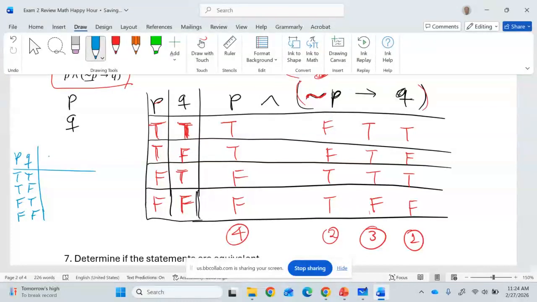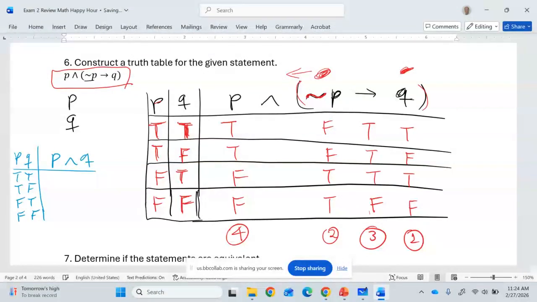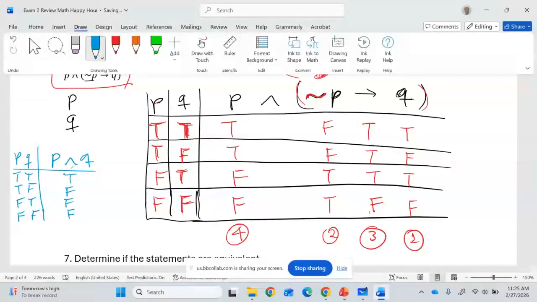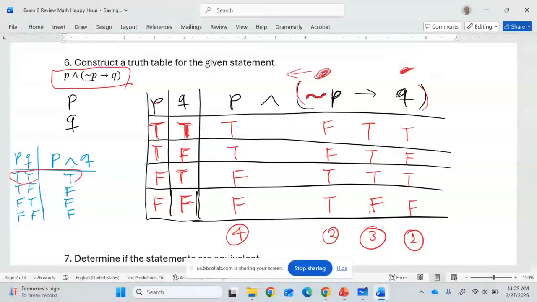If you have two statements connected with an and, the and is only true when both of them are true. That's the first row. In the other three combinations, if there's at least one false, it makes the entire statement false. So we're looking for that pattern: only true when both of them are true. If I have at least one false, it's going to make it false at the end.